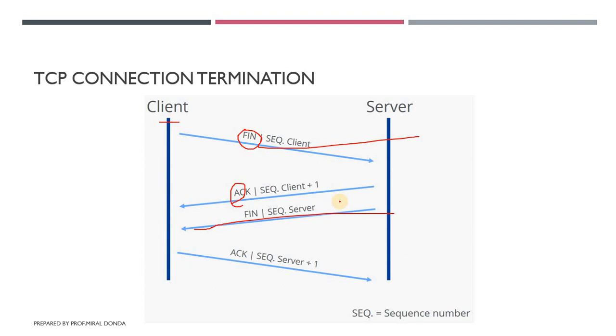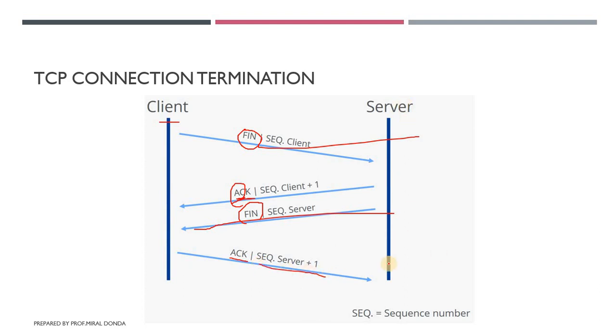The server also requests closing the connection to the client, so the server also sends the FIN segment to the client. And now, with the help of the acknowledgement, the client shows that the connection was closed, and the client responds to the server's FIN segment. So it sends the acknowledgement, the sequence number of the server +1.